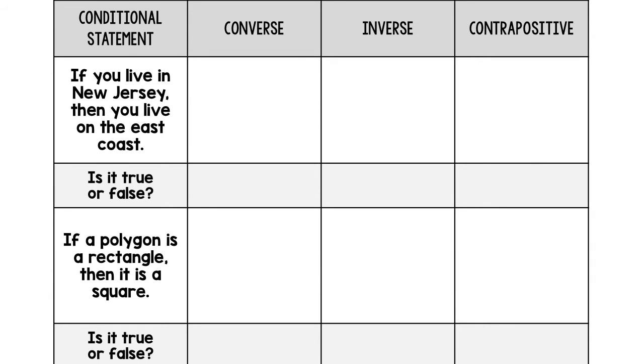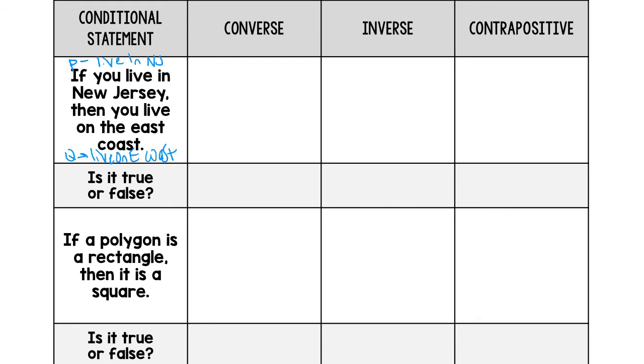All right, let's flip your paper over and we'll talk about some examples of these. Our conditional statement: if you live in New Jersey, then you live on the East Coast. The converse, let's figure out what P and Q are. P is you live in New Jersey. Q is you live on the East Coast.